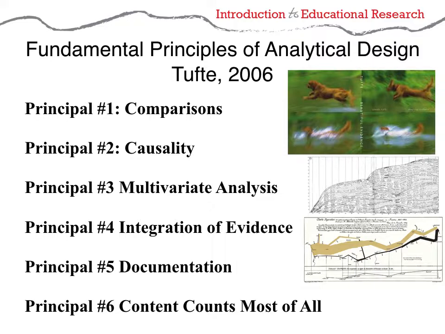Principle five, documentation. I think this ends with showing your sources, but it starts with how you collect your data and how you keep fidelity of that data. Principle six, content counts most of all. This really speaks to what we're doing in our class, which is looking at what are important questions.